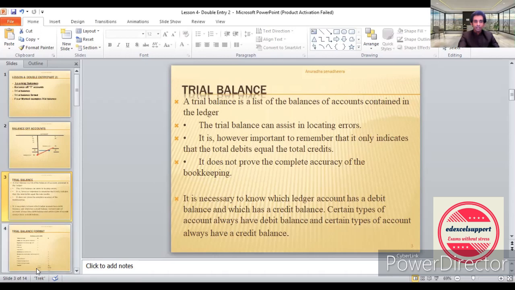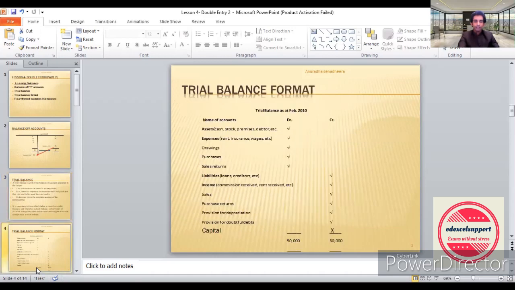We'll move to the next slide, students. Then we can see the trial balance format. Now you know assets are debit, expenses are debit, liability is credit, incomes are credit, and capital is credit.